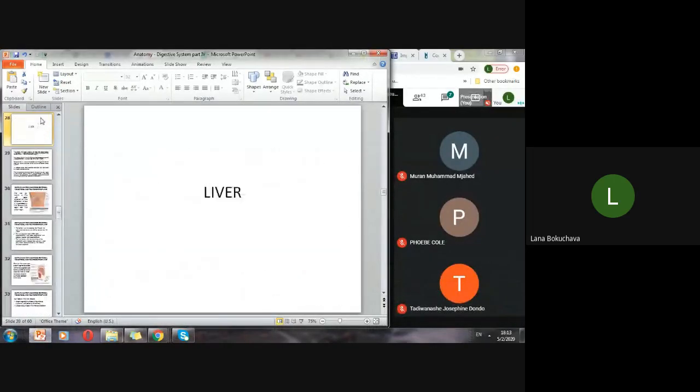So again, what do we have here? This is part of a liver, as we remember and as we already characterized. The liver is the second largest organ, and it accounts for approximately 2.5% of the whole body weight. It is the largest glandular tissue and the largest gland in the body.